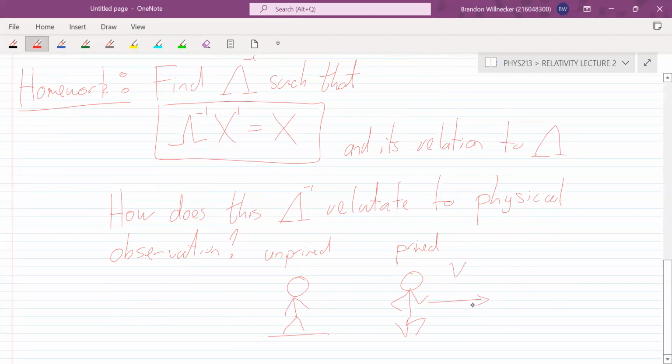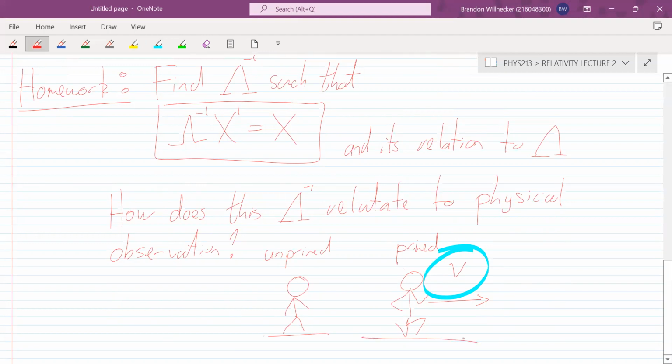We can use this lambda to go from unprimed to primed, or lambda inverse to go from primed to unprimed. But what is this relationship with v? And how does that relate to this physical picture over here?